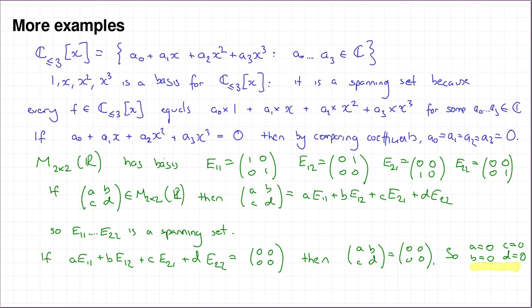Therefore, e11, e12, e21, e22 is linearly independent. We've shown that it's a spanning set, and we've shown that it's linearly independent, so it is a basis for the set of 2 by 2 matrices with real number entries.